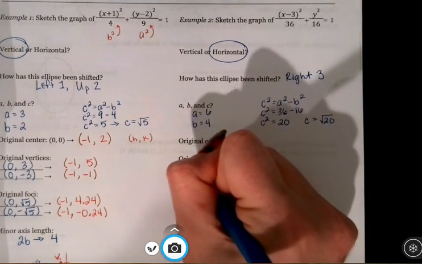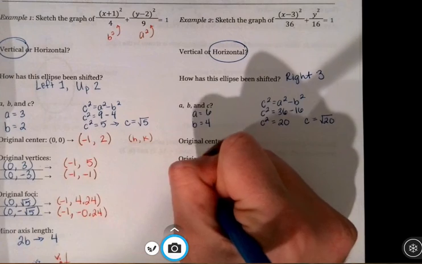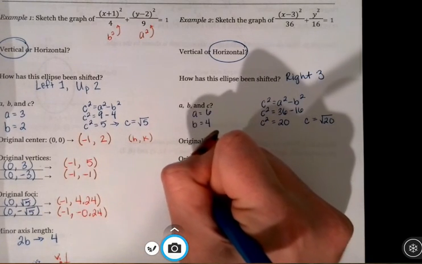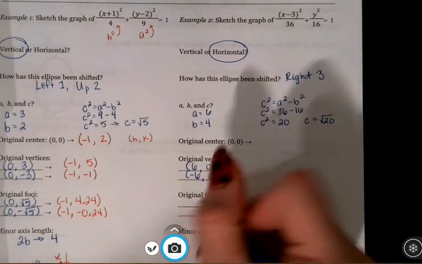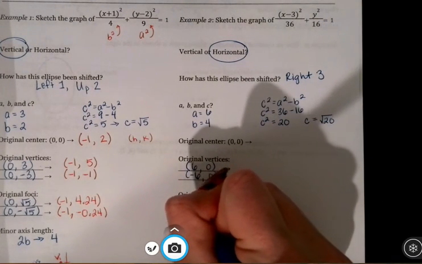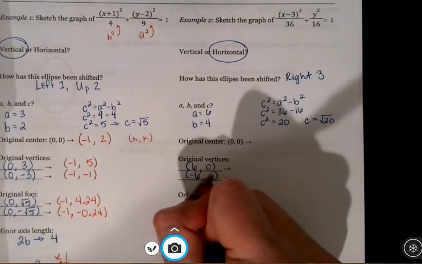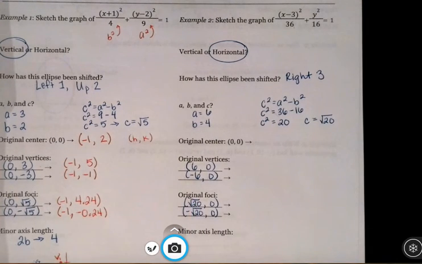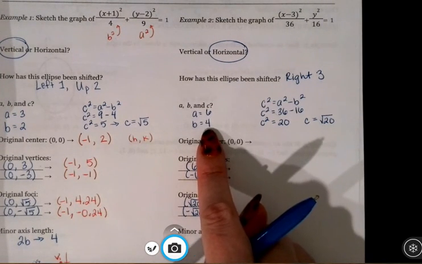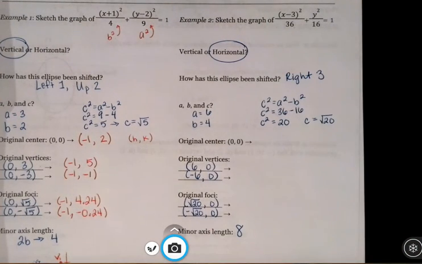So I'm going to do positive 6, comma, 0 and negative 6, comma, 0. My foci are based on my c values, so I have the square root of 20 and the negative square root of 20. And my minor axis length is still 2 times b. Since my b was 4, 2 times 4 is 8.